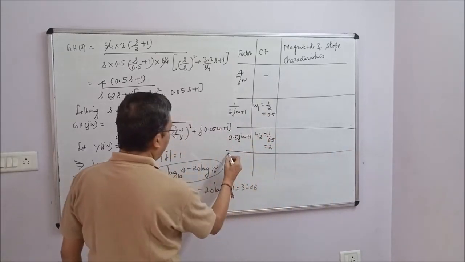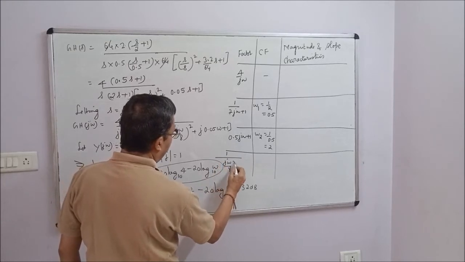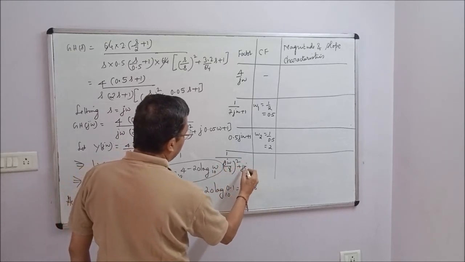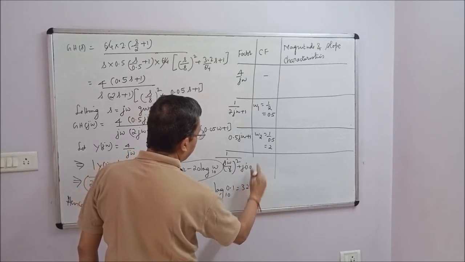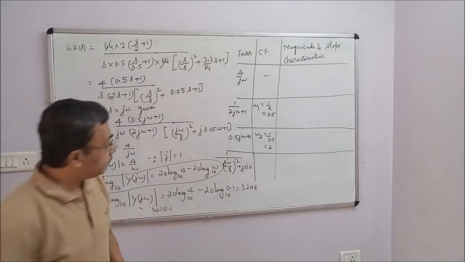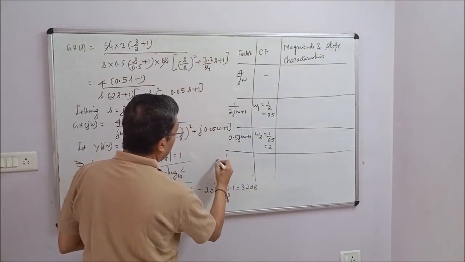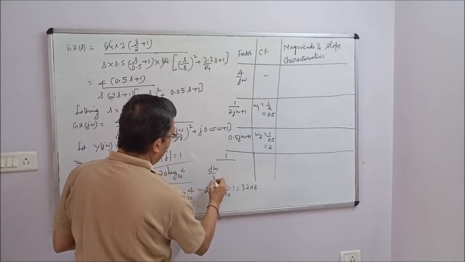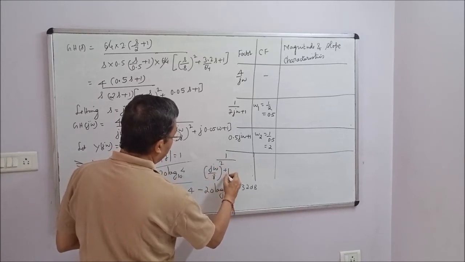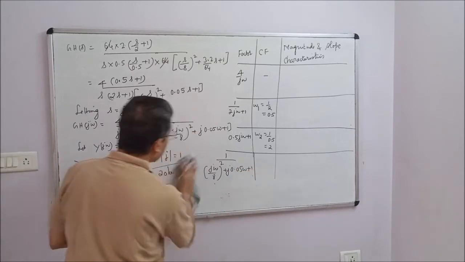Next is the quadratic factor 1 over j omega by 8 whole square plus j times 0.05 omega plus 1.